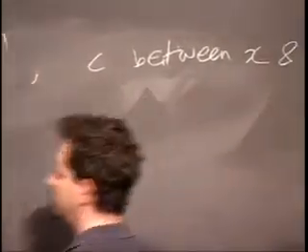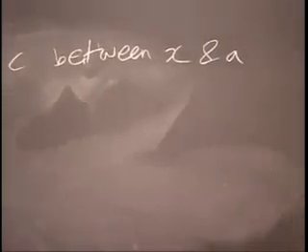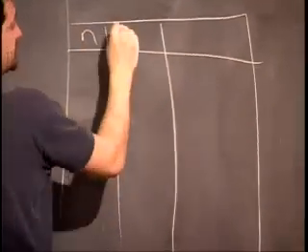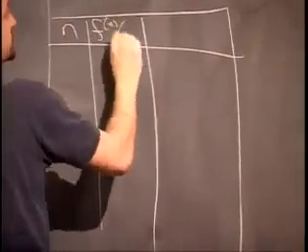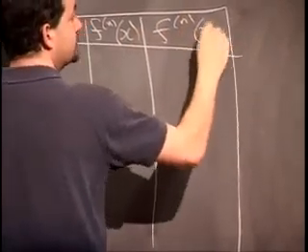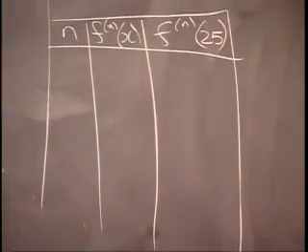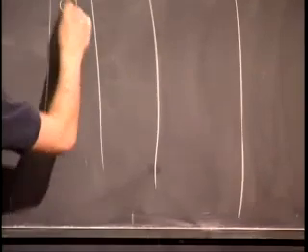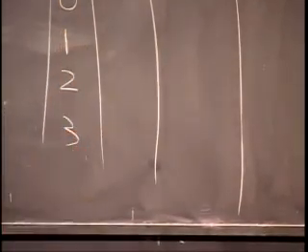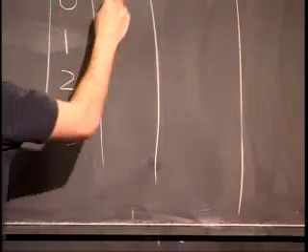Well, we're going to need a table, so I'll throw it in here. This is going to be n, the nth derivative in general, and the nth derivative at 25. That's what we care about. So I don't know how many of these rows I'm going to need. I'll go up to 3, say. The function itself is x to the 1/2.